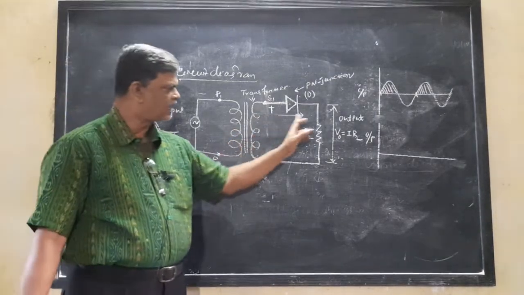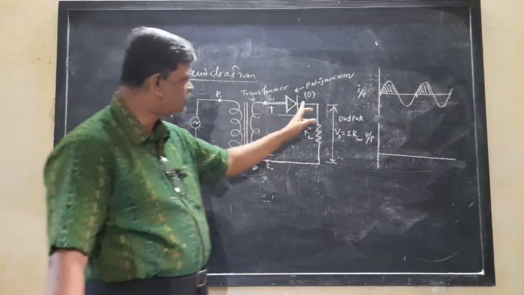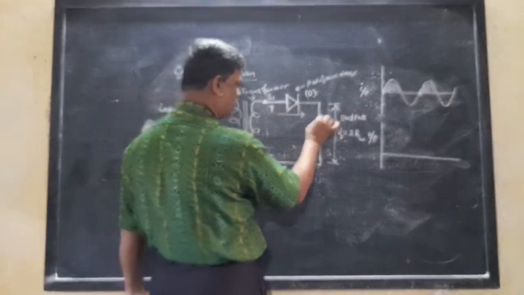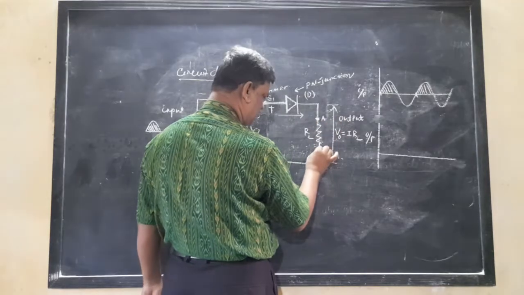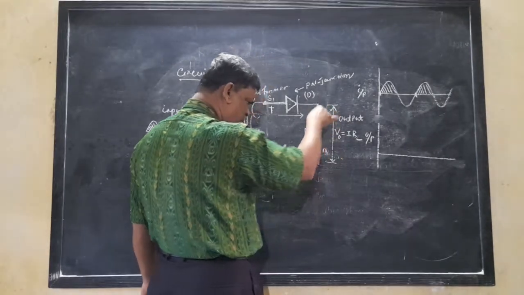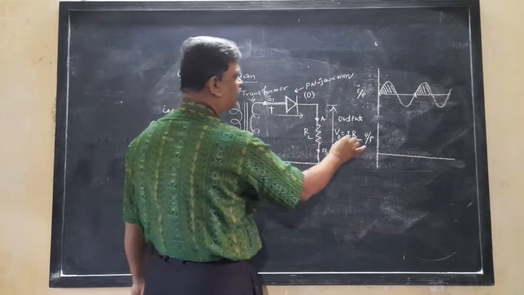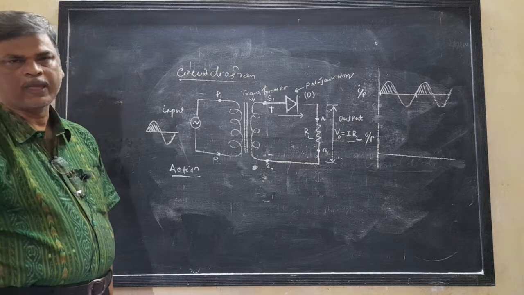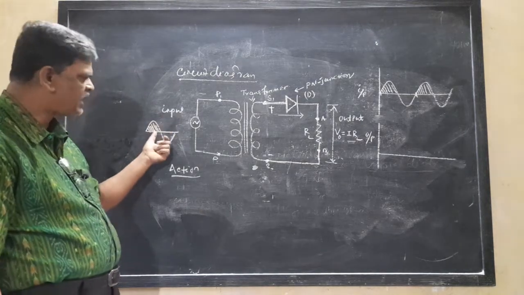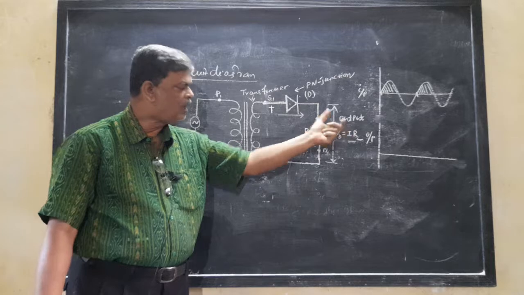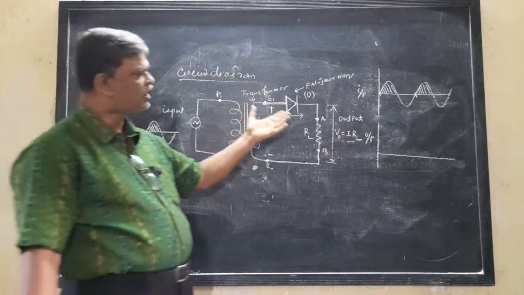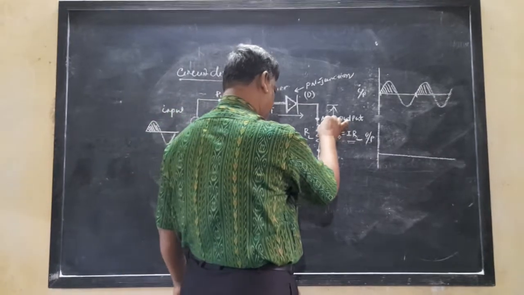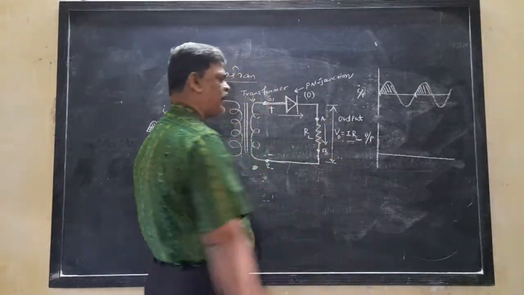Suppose this end is A and this end is B. The current flows through the load RL from A to B, and we get the output, the current I into RL, that is called E0. Clear? So for the positive half cycle of AC, we get the output, and the current through the load RL is from A to B.